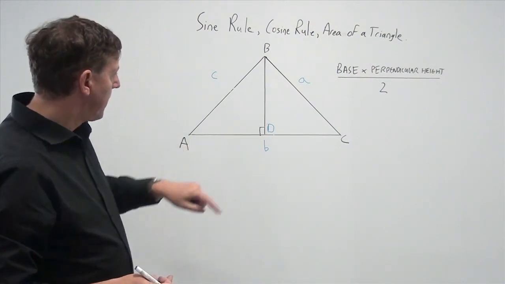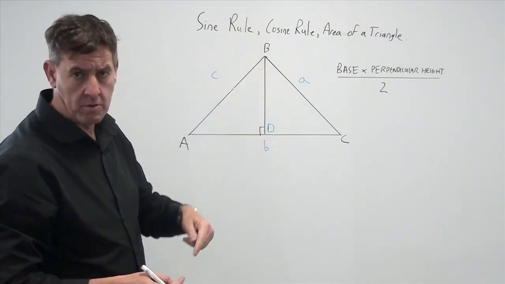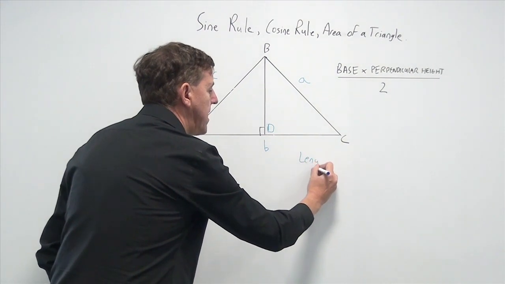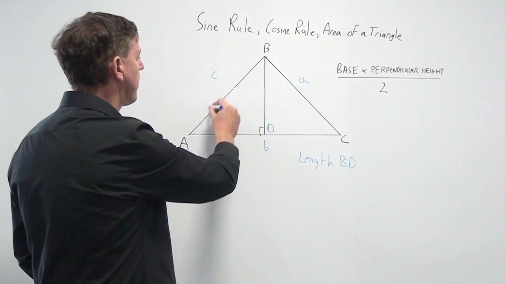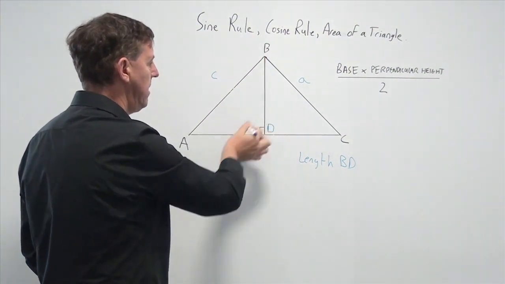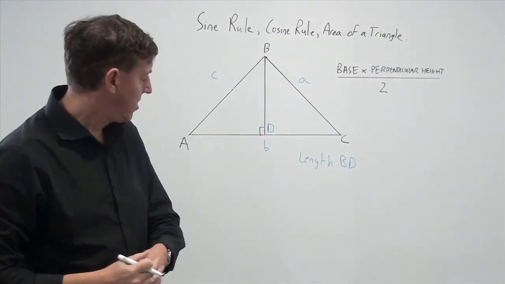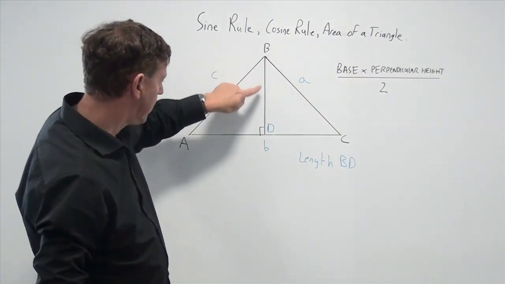So what I'm going to do is find this length here, or represent it with letters. So I'm going to calculate the length BD. So what have we got? We've got a right angled triangle inside here, and we've got a right angled triangle inside here. I'm just going to use this right angled triangle. I could have used that one, I'm just going to use this one.